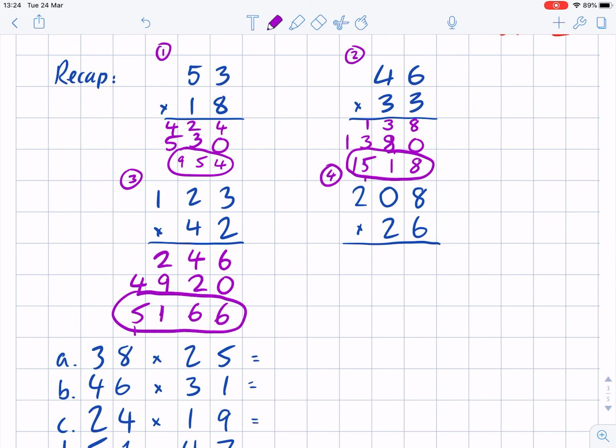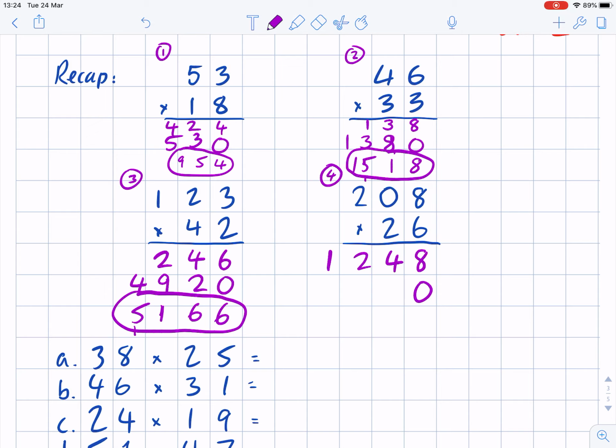All right, move through it once more. Again, I will improve my neatness for tomorrow's session. 6 times 8 to start with is 48. Oh, look at all this lovely room. 6 times nothing is nothing, but add the 4 underneath, so I get my 4. 6 times 2 is 12. Put my placeholder in, and I'm going to get rid of that 4 because it might get in the way.